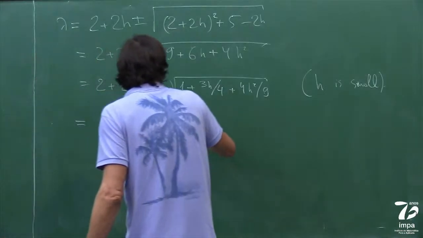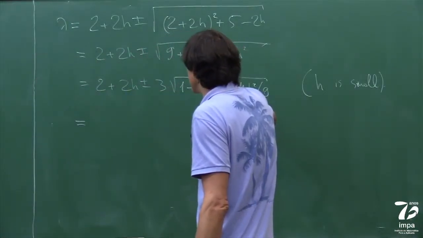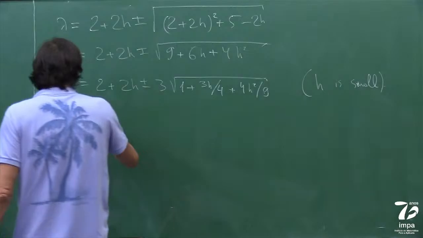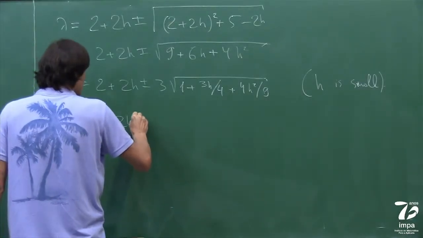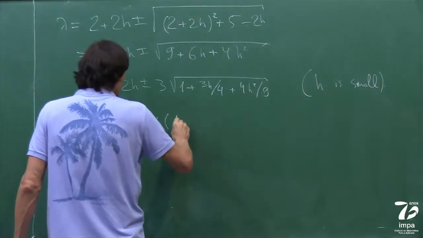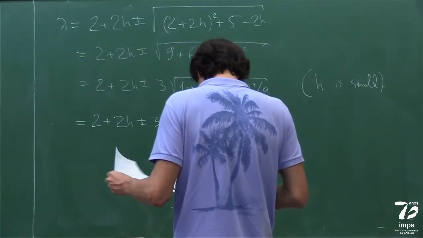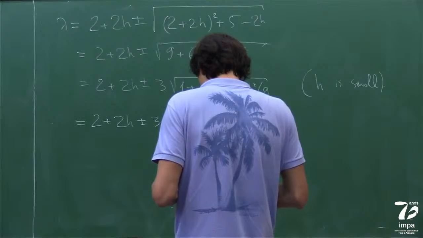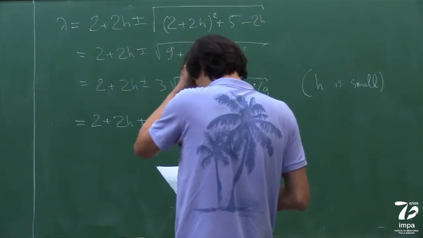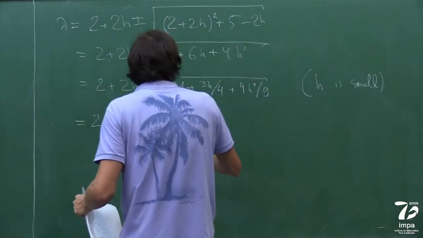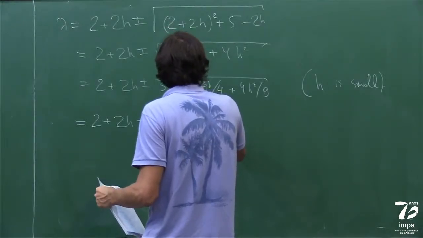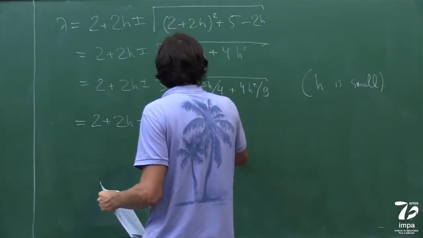When h is small, you can take an expansion: 2 plus 2h plus minus 3. How many terms do we need? We just need one term: 1 plus 1/2 of this.